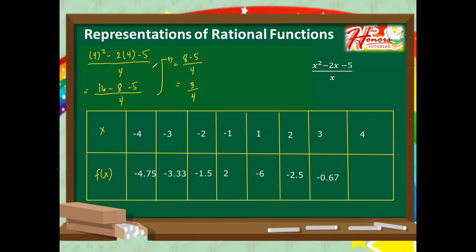Let's convert it to decimal. So it will become 0.75. Let's write it here below. So we have here the values of x and f of x.